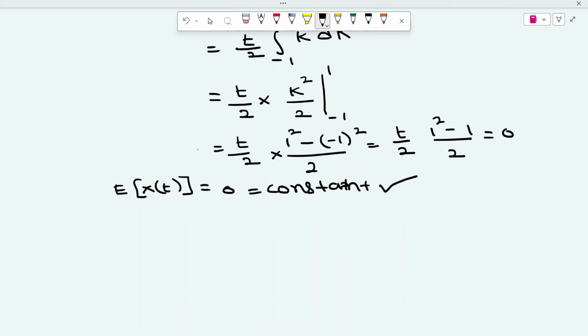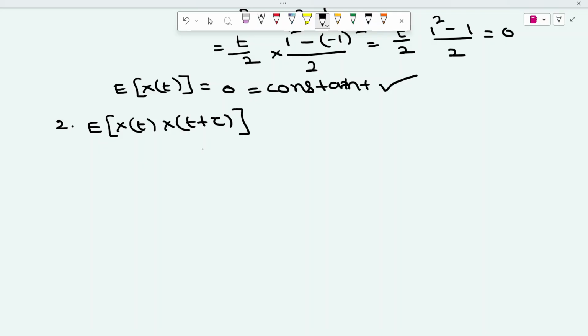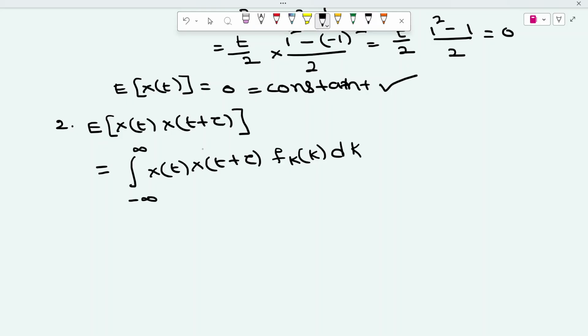Now what is our second condition that we have to check? Expectation of x of t into x of t plus tau, which is nothing but the integral from minus infinity to infinity of x of t into x of t plus tau into the density of the random variable, f k of k, dk. What is x of t? kt, and the density function exists only from -1 to 1.